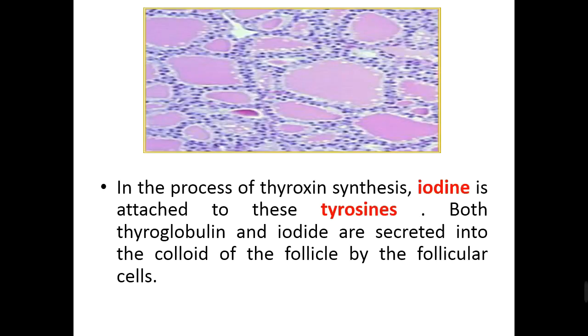In the process of thyroxine synthesis, iodine is attached to these tyrosine amino acids. Both thyroglobulin and iodide are secreted into the colloid of the follicle by the follicular cells.